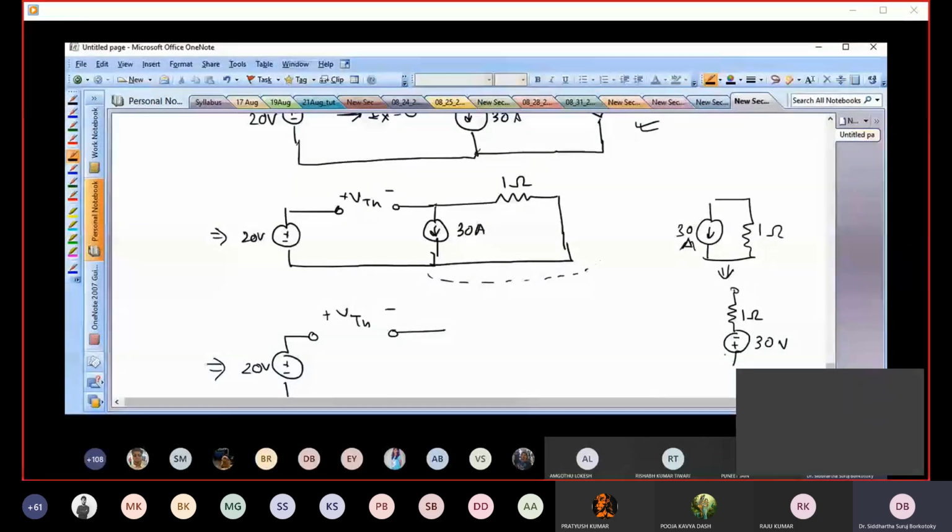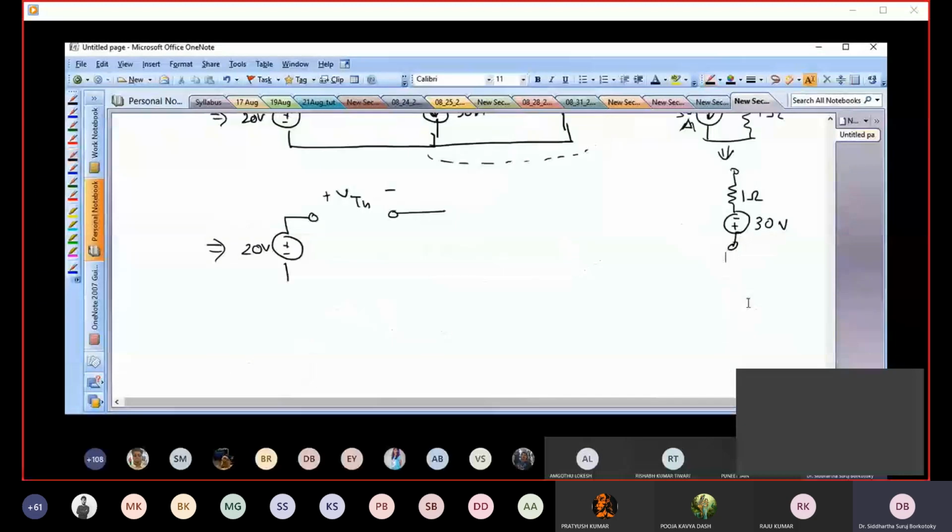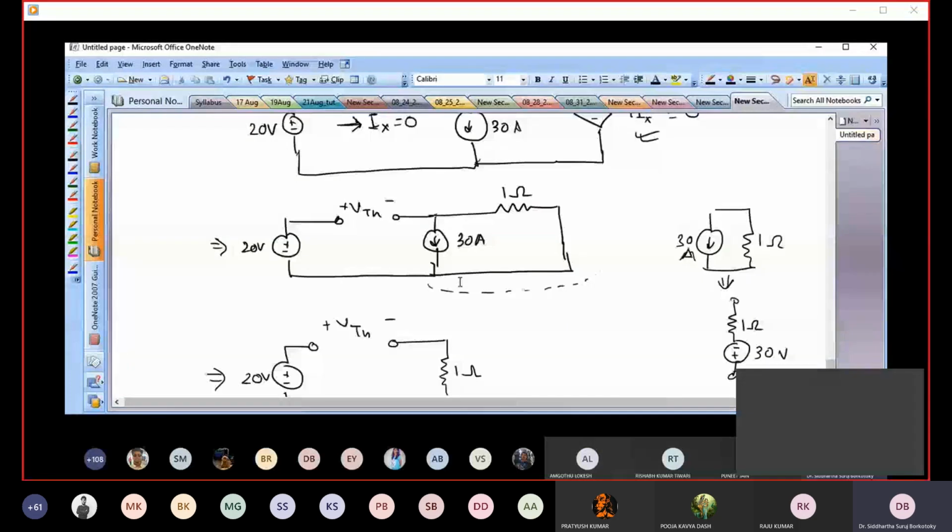So what we did was transform the source. So this is source transformation. Okay, so once we do the source transformation, we get this.